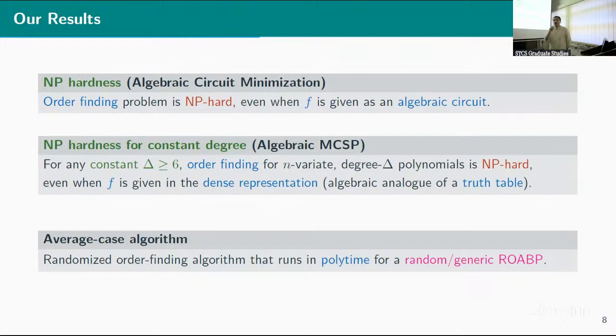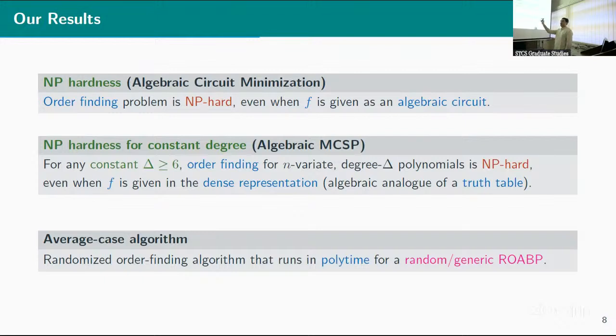Under what is called the small set expansion hypothesis, it cannot be approximated even to a constant factor. Oh, I see. That just happens because our reduction is very clean, and the problem we reduce from is hard to approximate, so this also becomes hard to approximate.